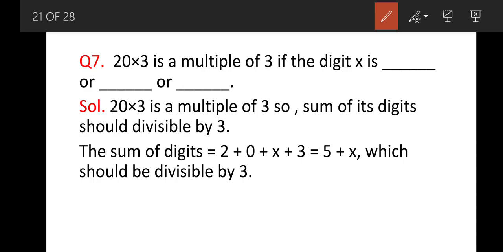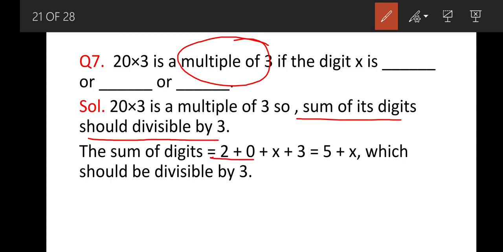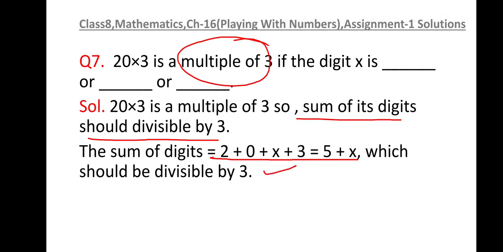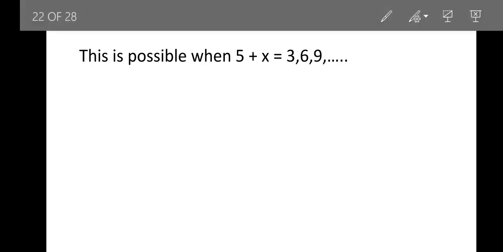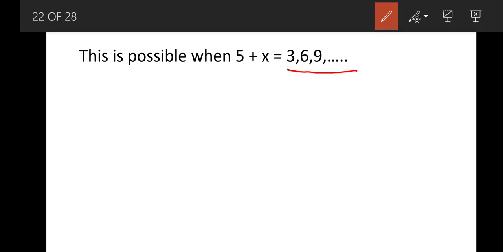So what we have done, it is given to us that this is a multiple of 3, and we know that if a number is a multiple of 3, then the sum of its digits should be divisible by 3. This is possible when 5 plus x is equal to 3, 6 or 9. I have written the multiples of 3 here, so this sum should be equal to the multiples of 3.